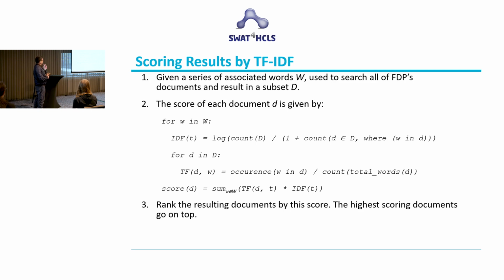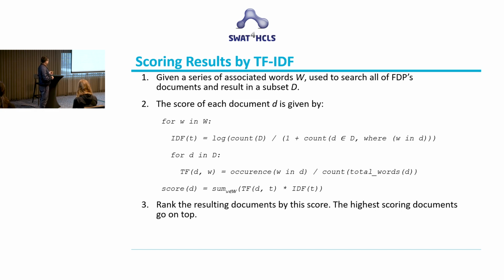And then the second point is scoring the document. We take a very straightforward, very simple method, TF-IDF. The first step is, given a series of associated words, we search all documents in a FAIR Data Point, and it returns a subset.